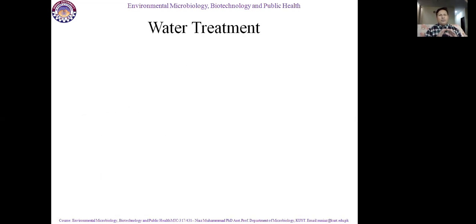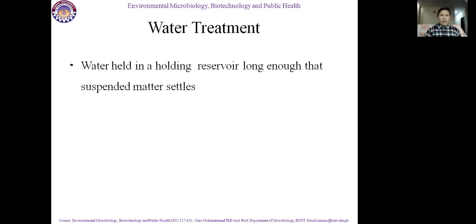So the water bodies on the surface of the globe are mostly contaminated and contain a huge number of microbes. We cannot use such water directly due to the higher load of the microbial population, so we must treat the water and remove the microorganisms from it before drinking.